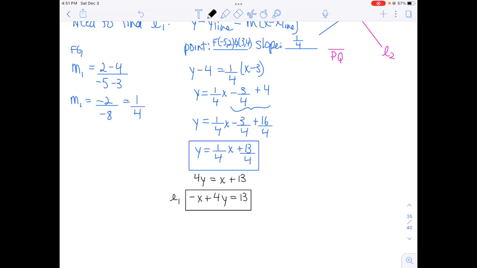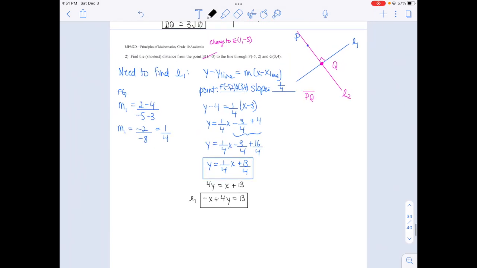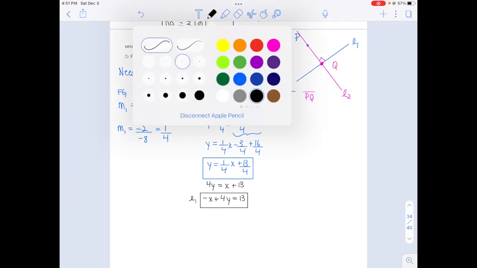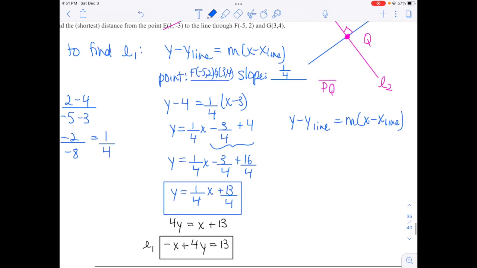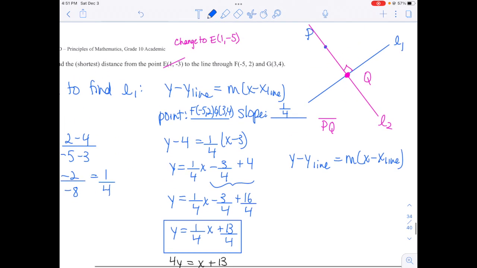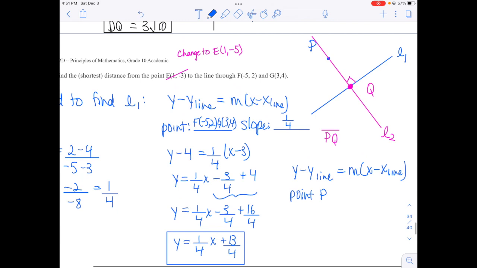Alrighty. So for L2, remember that what we need, again, is y minus y-line equals m times x minus x-line. And for L2, the only point we know is P. Okay, so P actually in this case is (1, -5).